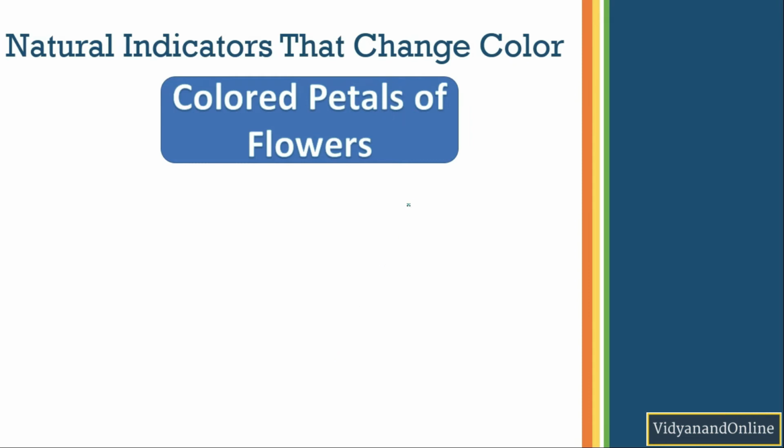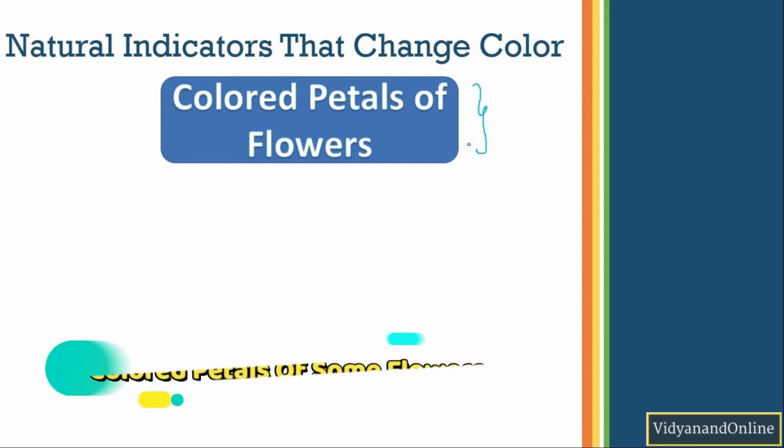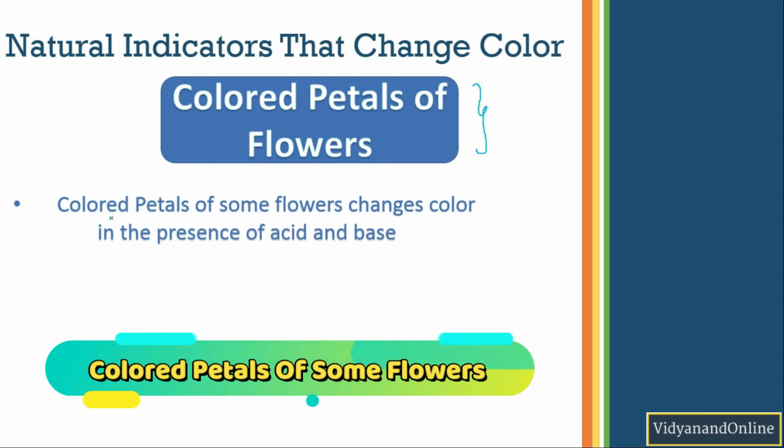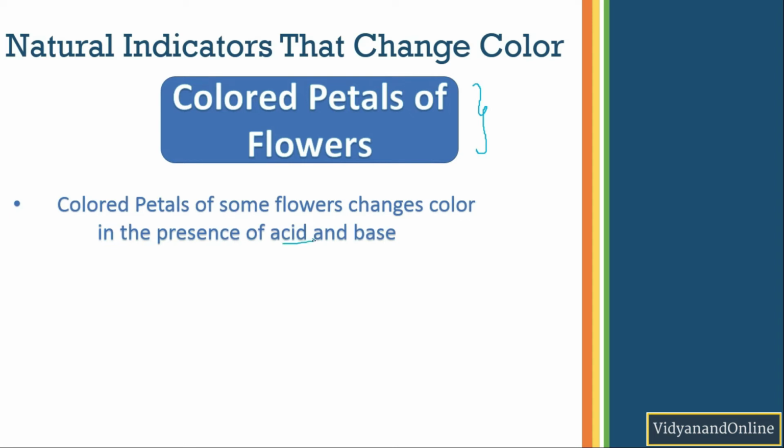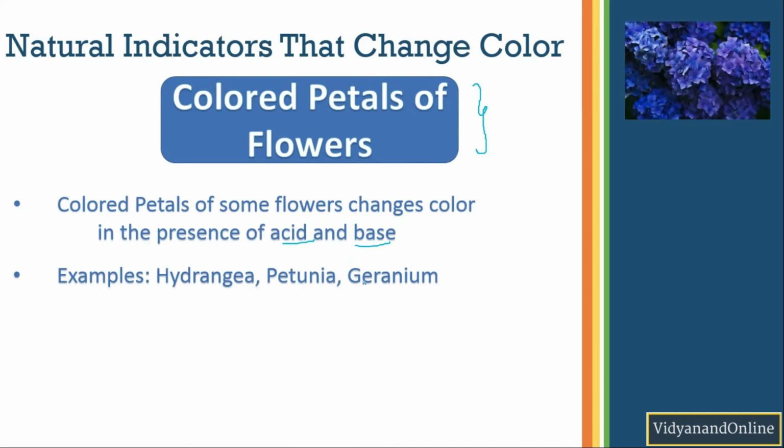Next is how the flowers can actually act as acid-base indicators. So basically colored petals of some flowers change color in the presence of acid and base. For example, you have flowers like Hydrangea, Petunia and Geranium. Now these are their pictures.